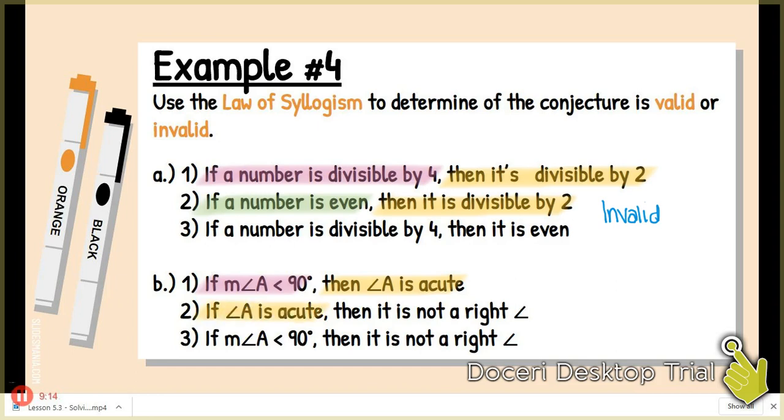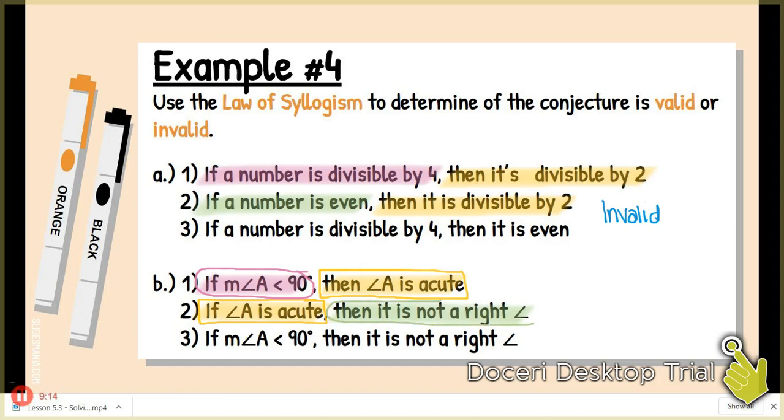If angle A is acute, then it is not a right angle. So since the conclusion of my first statement matched with the hypothesis of my second statement, I can now jump and make the conclusion from P all the way to R.